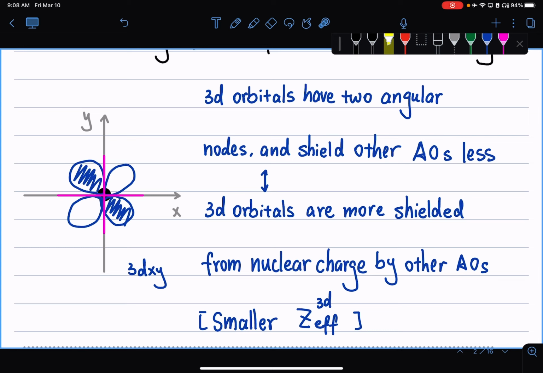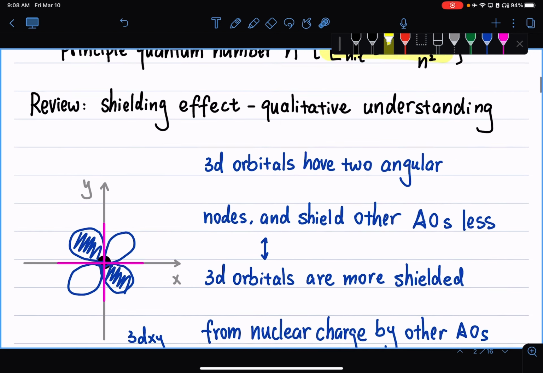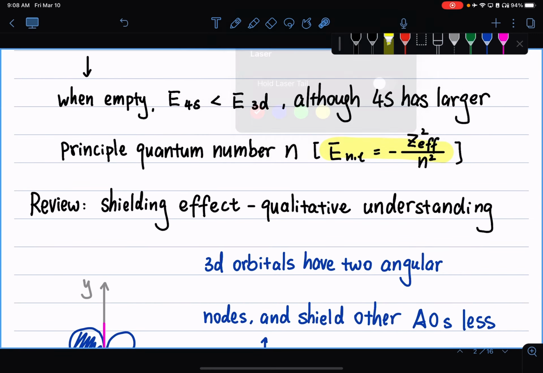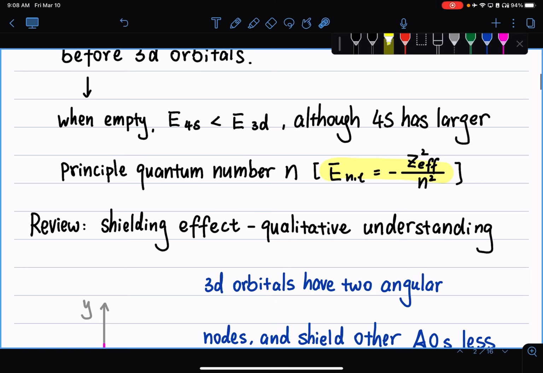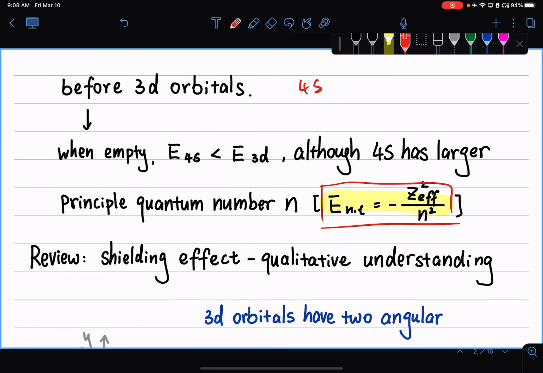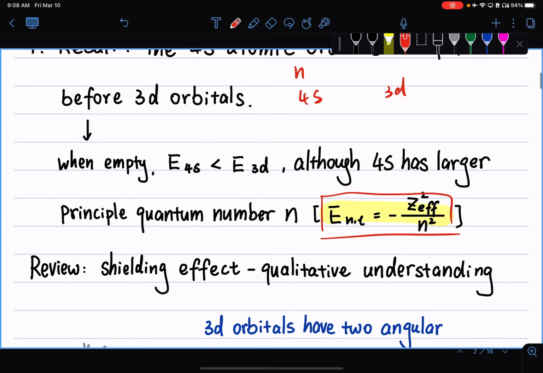So the result here is, if we're comparing the energy of 4s and 3d, this is, again, the same equation we're using. For 4s and 3d, we know that n equals 4 for 4s, n equals 3 for 3d. So if we're just looking at the quantum number n, we know that the 4s is expected to be higher in energy compared to 3d.